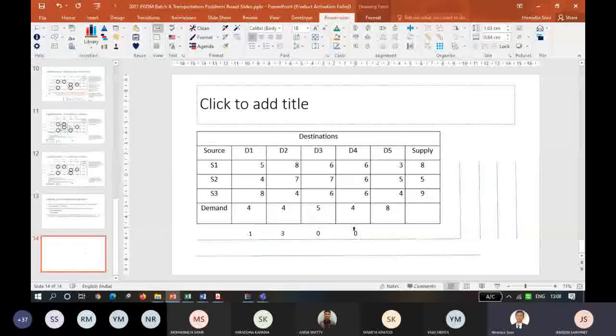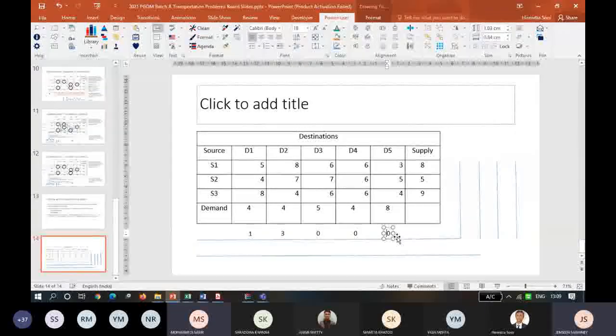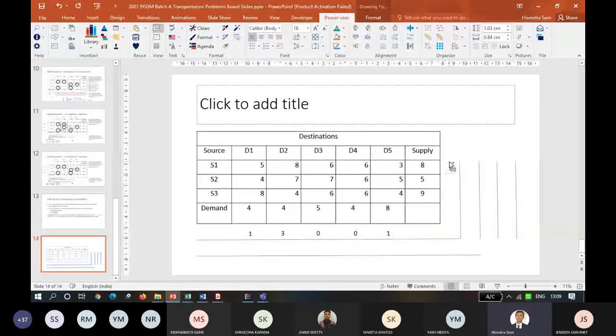What about here? 0. 0. What about here? 1. 1. Let us look at it row wise now. Least value 3, second least 5.